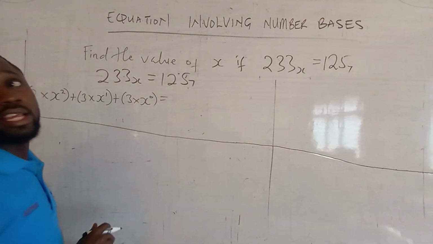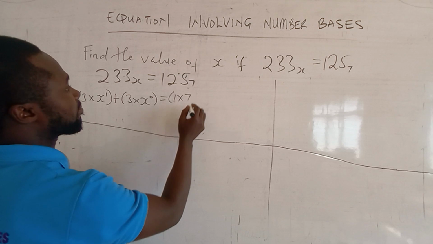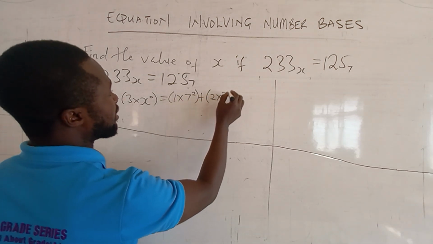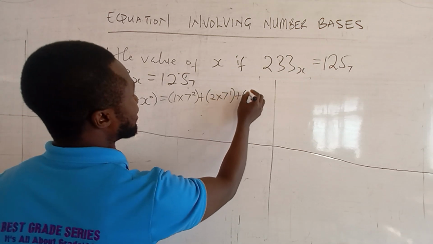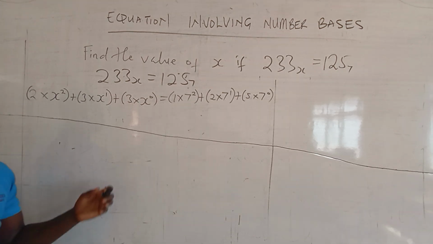Then this is also in base 7. We convert this one also to base 10. So we have 1 times 7 exponent 2 plus 2 times 7 exponent 1 plus 5 times 7 exponent 0. Alright, that is what we have.